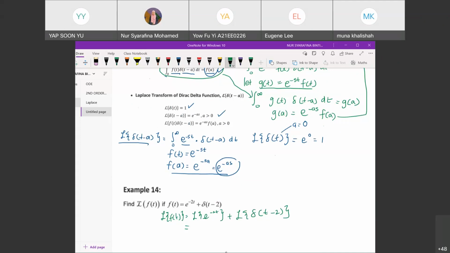e to the power of minus 2t will give you what? Based on the table of transformations, e to the power of at will give you what? Now, e to the power of minus 2t will give you what?